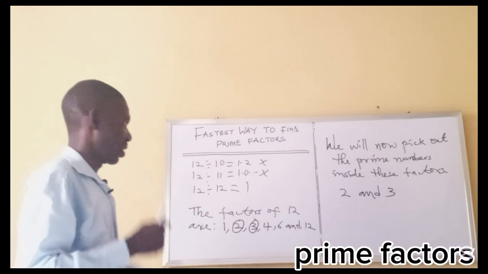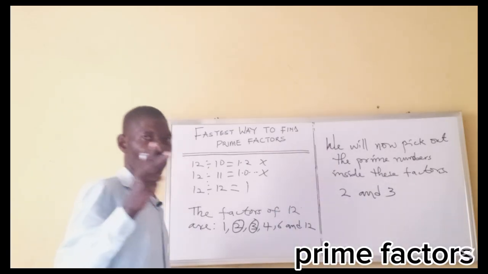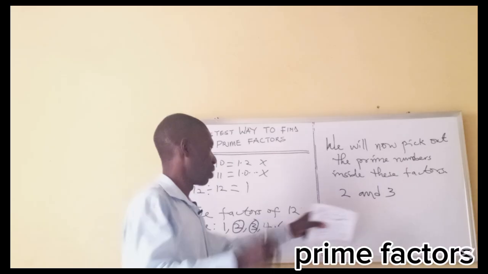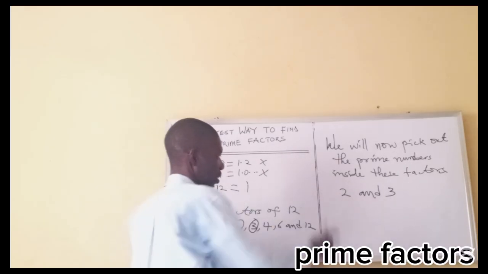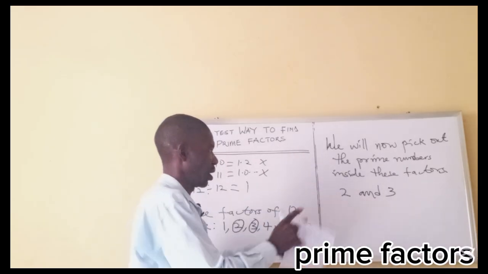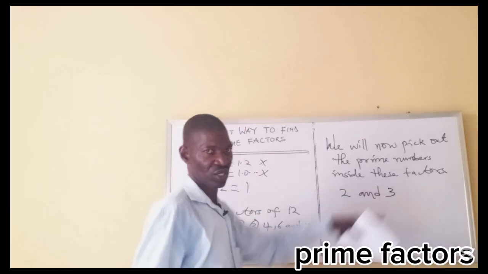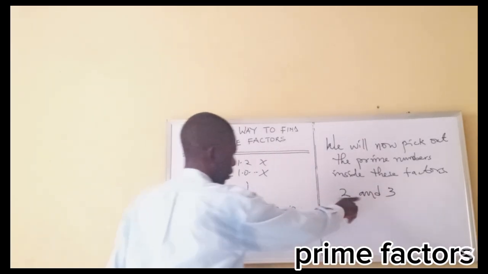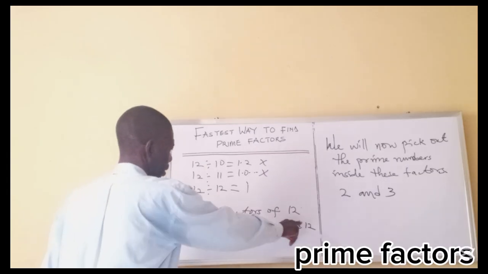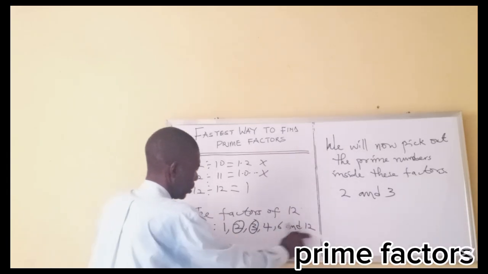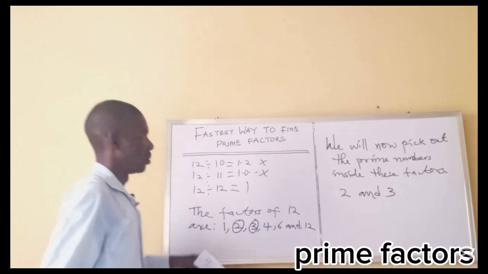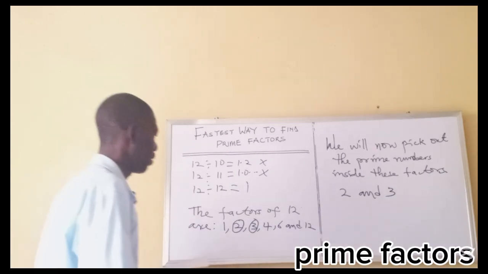Why? Because they have just two factors, 1 and the number itself. The factors of this is 1 and 2. The factors of this 3 is 1 and 3. So they are the only prime numbers in these factors, 2 and 3. Are you following?